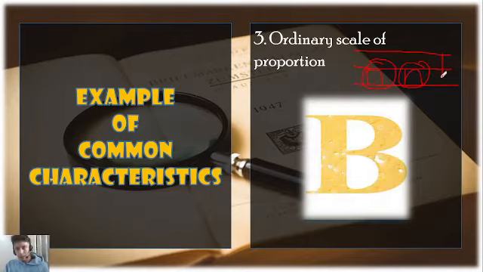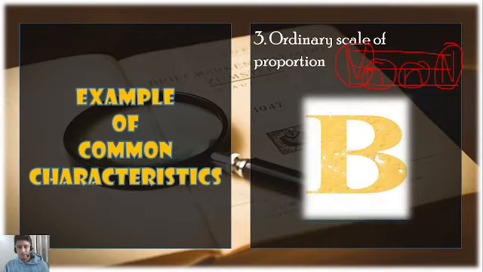Ganun na rin po sa big letter N. And by the second time that we are going to write, it should be the same with the other. So that is also another example of common characteristics. Ordinary scale of proportion, or the sizes, or the shapes, or the form is also the same.